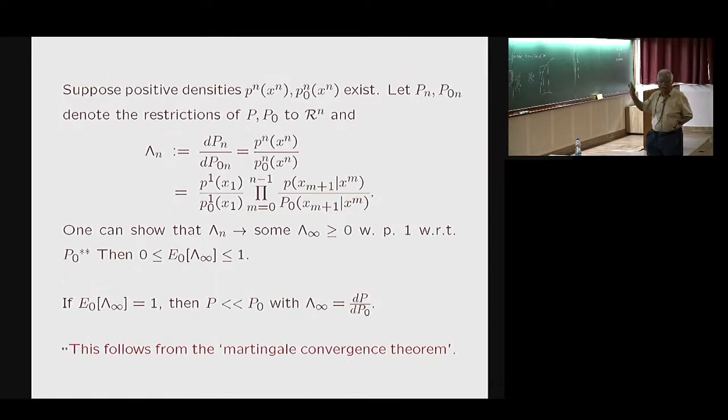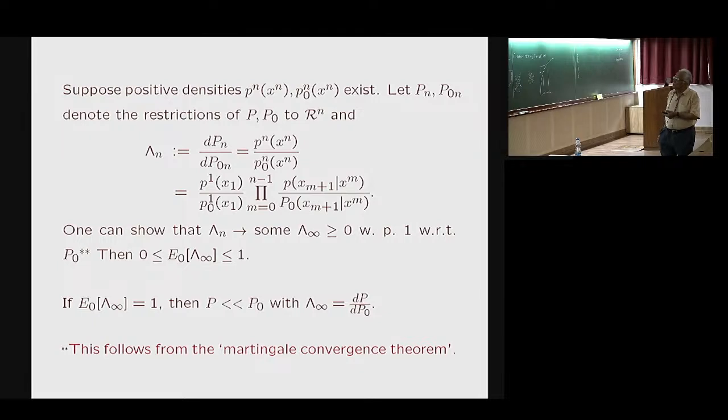So instead of working with the Radon-Nikodym derivative, the general theory works for Radon-Nikodym derivatives, but I'll stick to densities. So I can write them as the likelihood ratio of the initial condition and the conditional likelihood ratios. Suppose this is all true. Then lambda n will converge to some lambda infinity with probability 1.